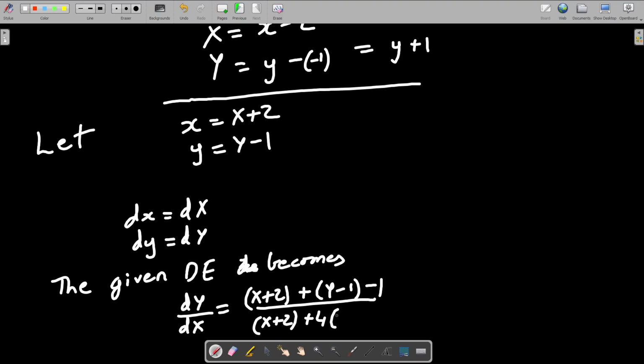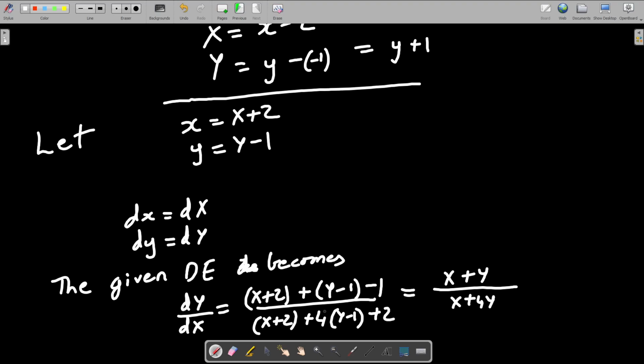So 4 times y minus 1 plus 2. So x plus y plus 2 minus 1 that will go down to 0. So x plus 2 minus 4 plus, yes, it's x plus 4y it is.